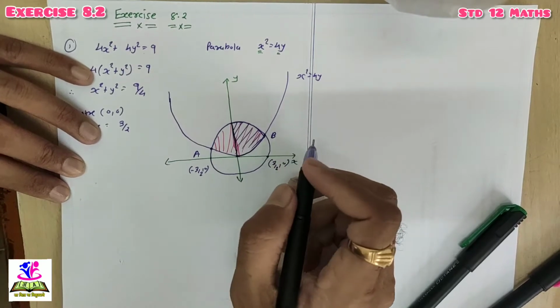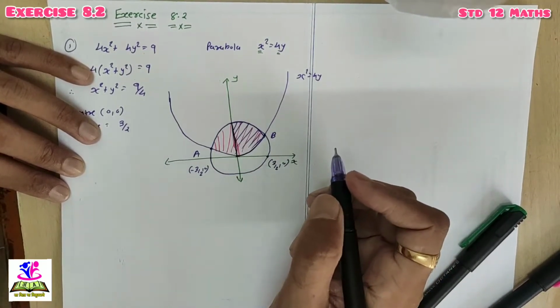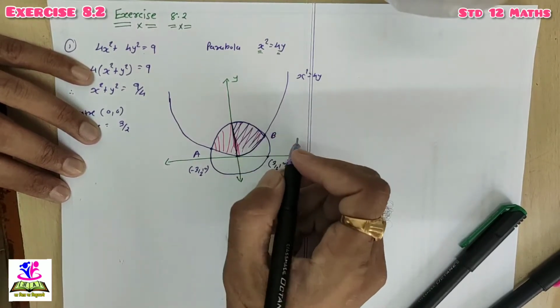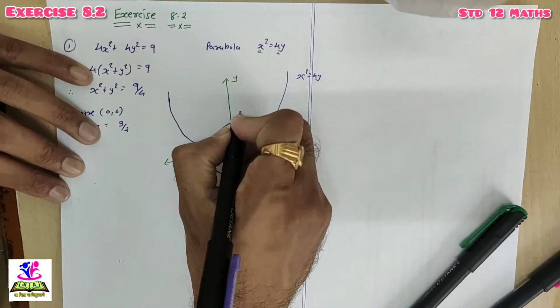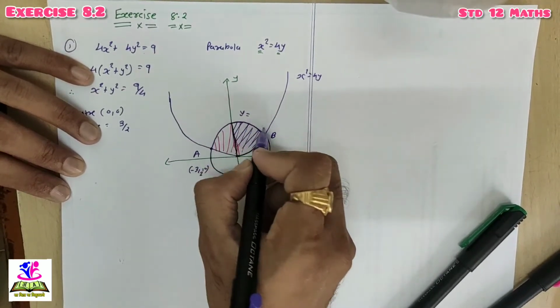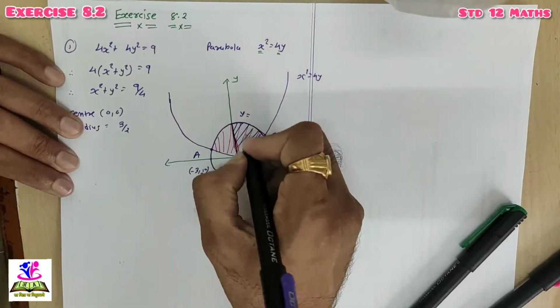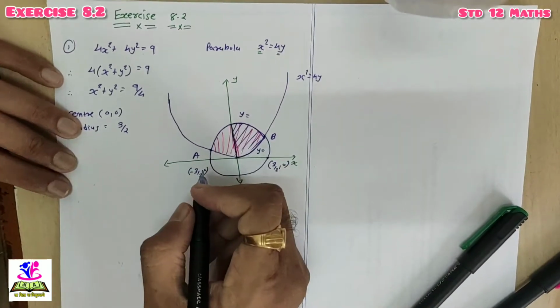Done. So now to find this area, what do we have to do? We have to find the area between two curves. First curve, this is y, and second curve, this one, y. This is the circle. So first you have to write the circle in terms of y, because here we are considering one vertical strip.